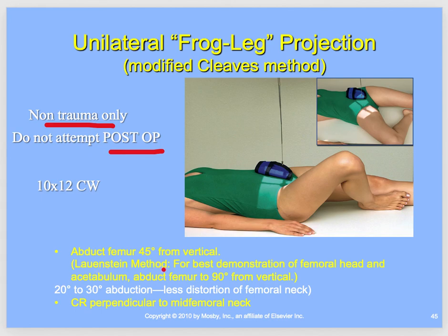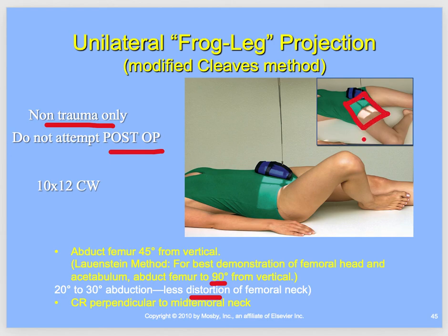The Lowenstein method for best demonstration of the femoral head and acetabulum, you abduct the femur 90 degrees from vertical, 20 to 30 degrees for less distortion of the femoral neck, and then your central ray is perpendicular to the mid-femoral neck. So sometimes you can turn the tube head this way.